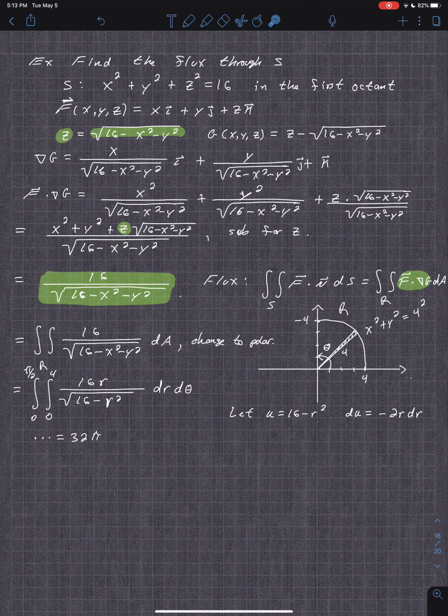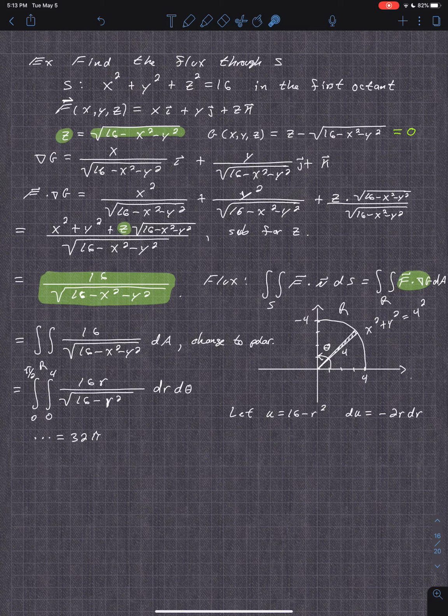Okay, so then for S, I change that into a radical. I just solve for z, and you take the top portion. So that's the upper part, and then we're just going to take the positive xy axis. So g of x, y, z is this. Right, so you just set it equal to 0. You can say this is equal to 0, but it does not really matter. Then you do the partials.